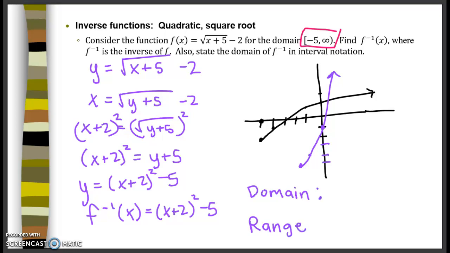Well, the domain is going to be the range of my original, or I can take it from here. My domain actually goes from -2 to infinity.